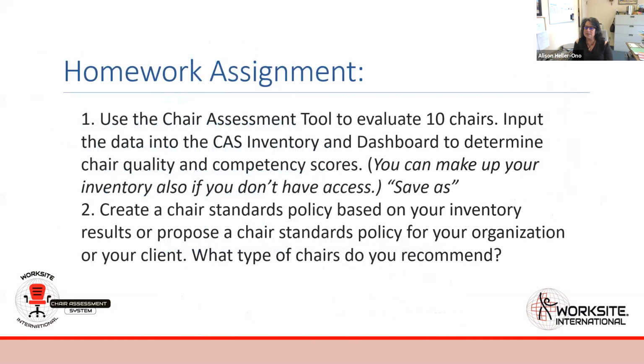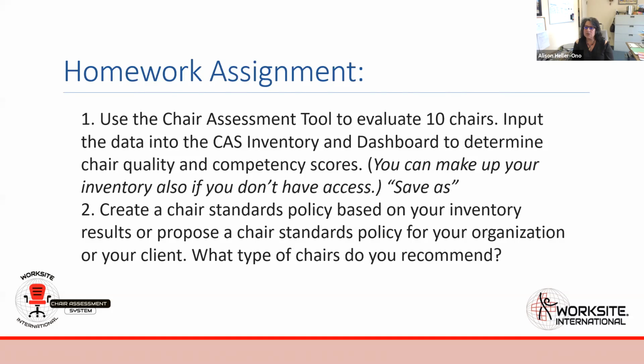I'm suggesting for homework that you use the chair assessment tool to evaluate 10 chairs, and input the data into the chair assessment system inventory and dashboard to determine chair quality and competency. This will give you the scores: keep, repair, or replace. You can make up your inventory also if you don't have access. And I did suggest that you save the file as, okay?